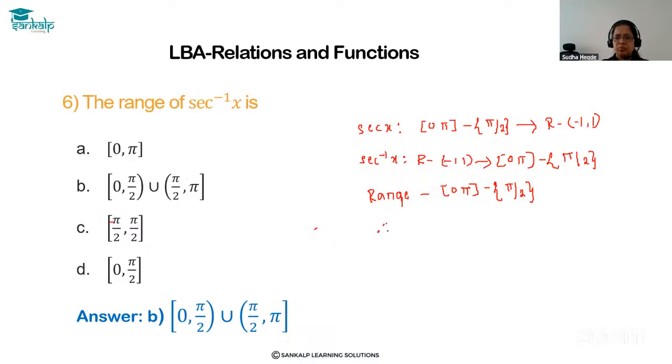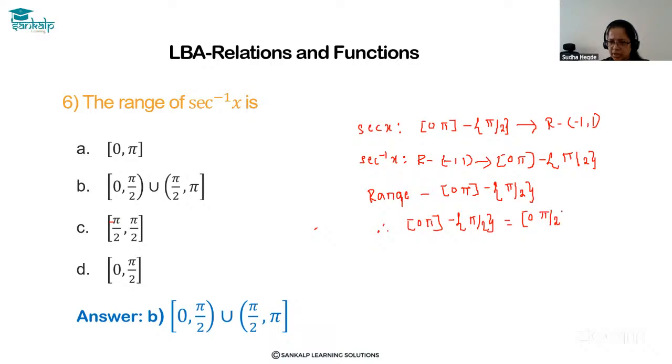Therefore, you can rearrange this, or rewrite 0 to pi minus pi by 2 as closed interval 0 to pi by 2, where this side will be as it is, and pi by 2 you have to remove.